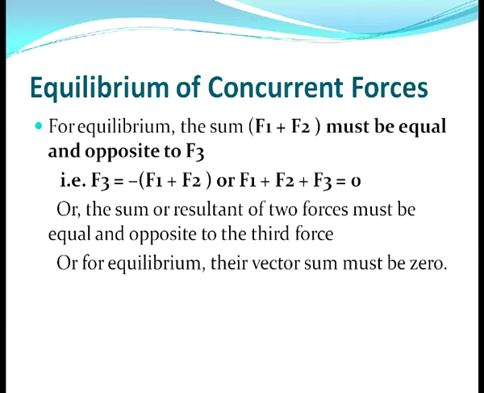That means F3 equals minus of F1 plus F2, or F1 plus F2 plus F3 is equal to 0. So, we can say the resultant of two forces must be equal and opposite to the third force in case of concurrent forces. So, for equilibrium, the vector sum must be 0.